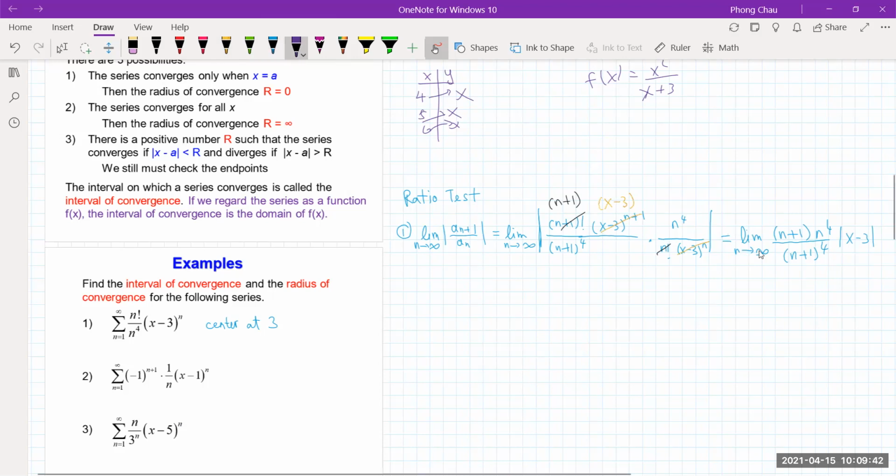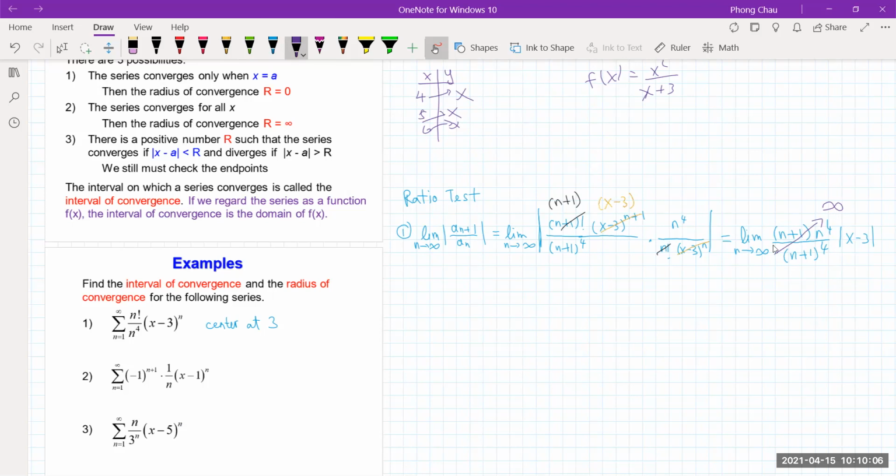so now looking at this limit as n approaches infinity, in the numerator, if you multiply it out, you see this is n to the fifth power, and that is n to the fourth power. So the numerator has a degree larger than the denominator, therefore this will approach infinity. So what is this limit?